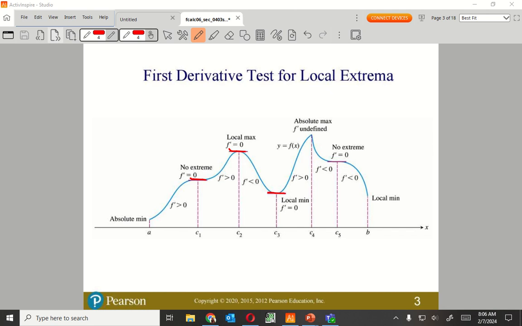Now, when we check our intervals, if my derivative is greater than 0, that means my slope is greater than 0, and then it goes to 0, and then on the other side the derivative is less than 0. So I have a positive slope up to 0, and on the other side I have a negative slope. So what does it look like I got there? I got a maximum.